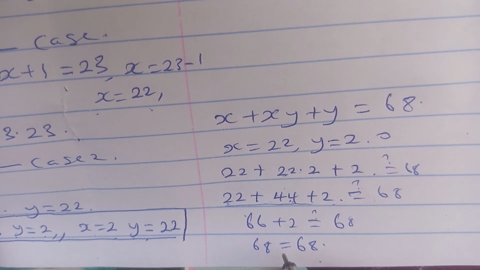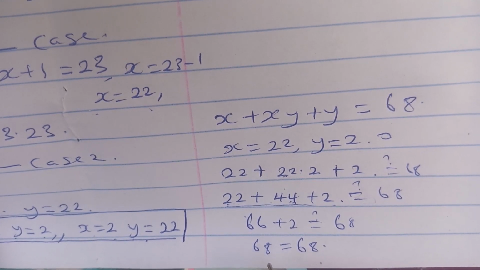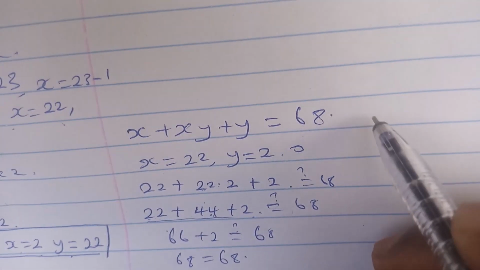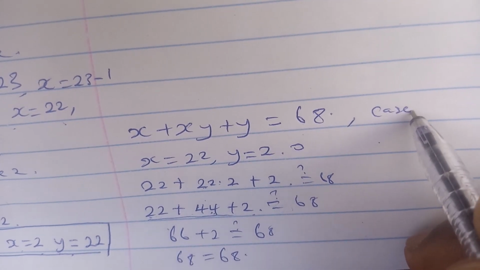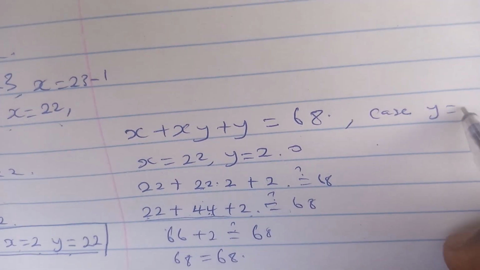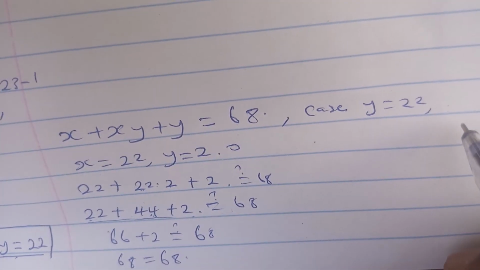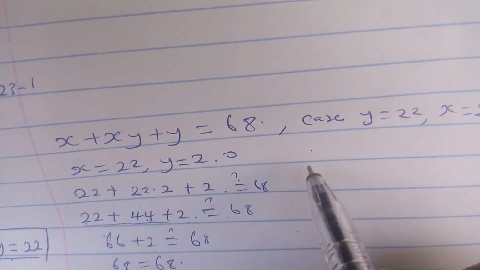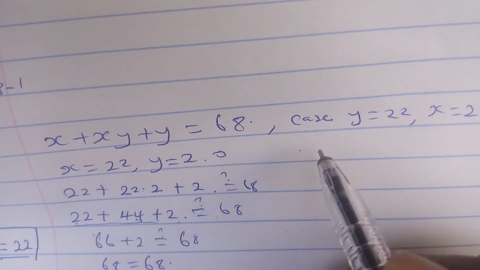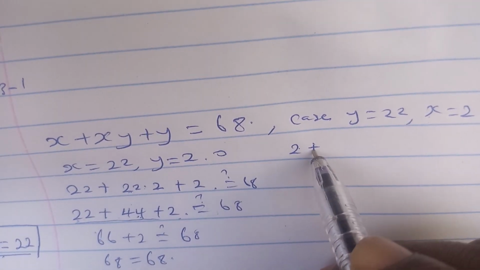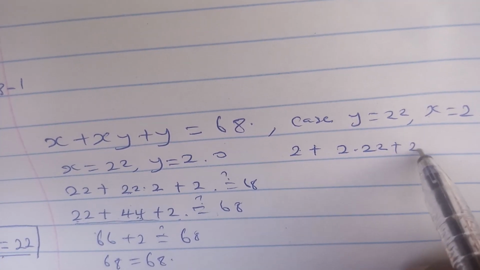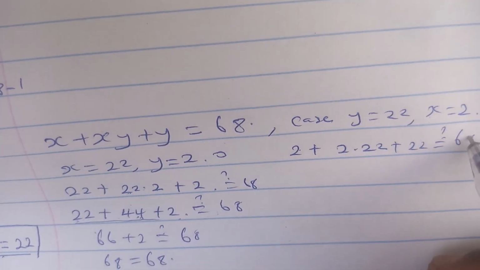If we do the same thing for case 2, we are still going to see that it is correct. So let's try it out for case 2. In case 2, we said y is equal to 22 and x is equal to 2. Wherever we see x, we put 2 there. So we have 2 plus 2 times 22 plus 22 is equal to 68.